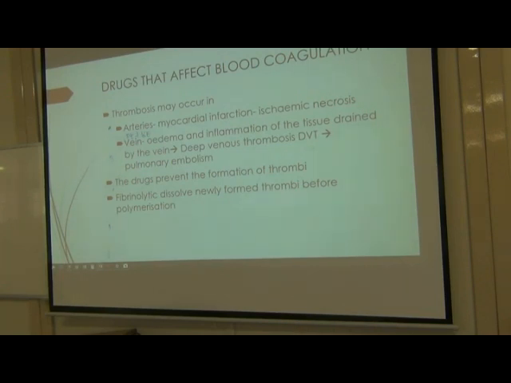Like you would have in the deep veins, your deep vein thrombosis. I don't know if you've done that in your clinical nursing, deep vein thrombosis can dislodge to become a pulmonary emboli. So that's why deep vein thrombosis is a condition that is well monitored, because the clot can dislodge and lodge in the lungs to become pulmonary embolism.